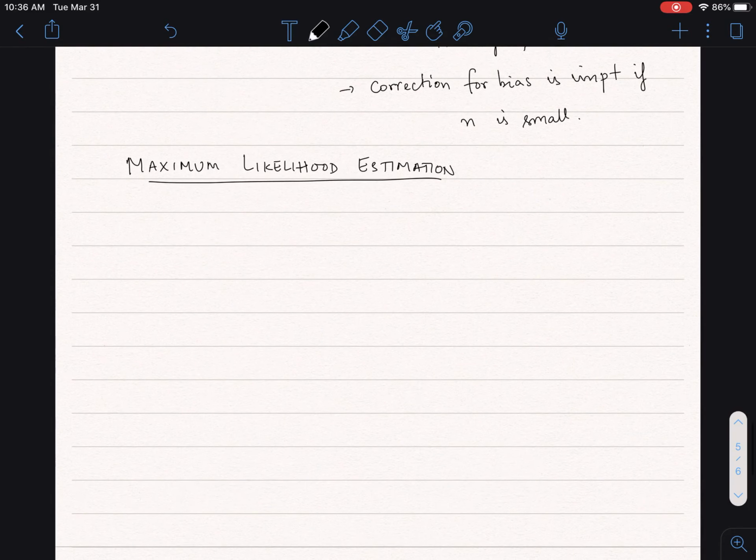So the next part of this lecture is going to be about maximum likelihood estimation. This is a different way of constructing estimators. So far, what we have done is, an estimator, we said, is simply a function of the observations.